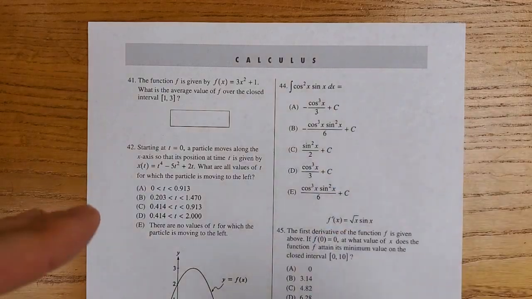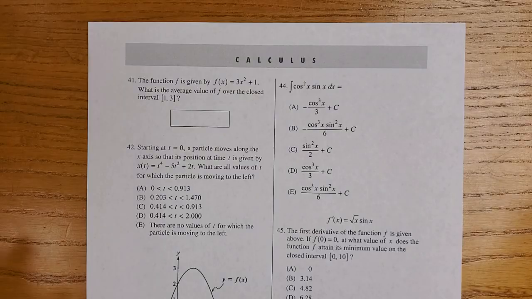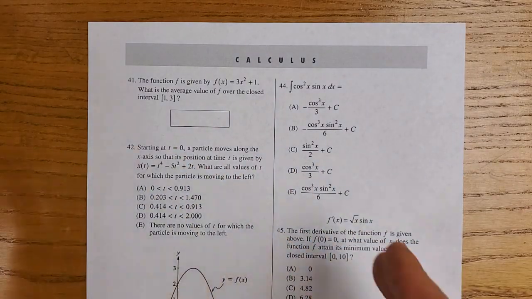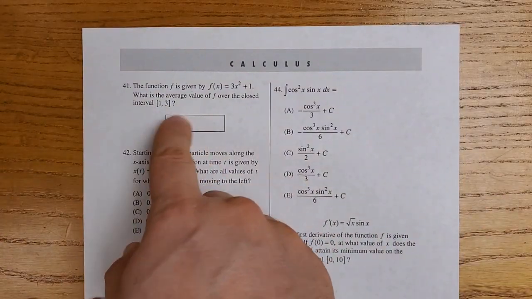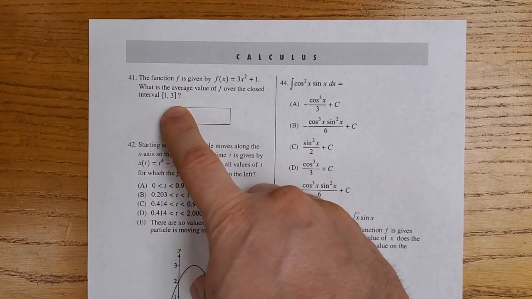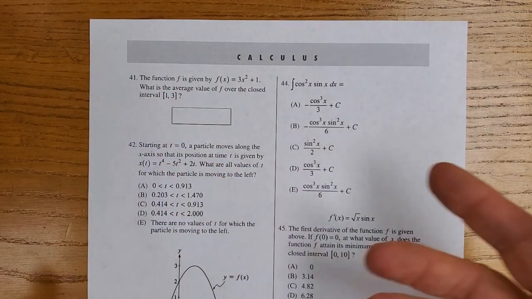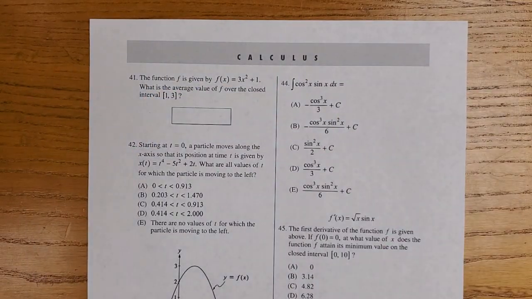If you were to flatten out the function around the average value, you would just get a rectangle, height times width. So the height would be the average value, and the width is 2 from 1 to 3. So if we can find the definite integral there, and then just divide by the width, divide by 2, that gives us the average height of whatever it's doing in that interval.